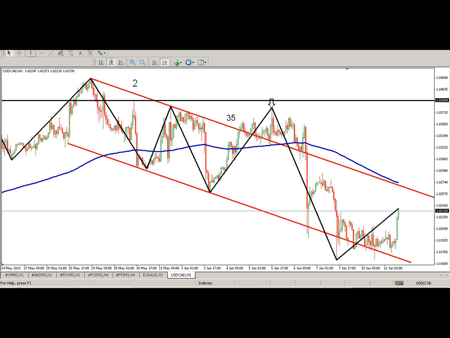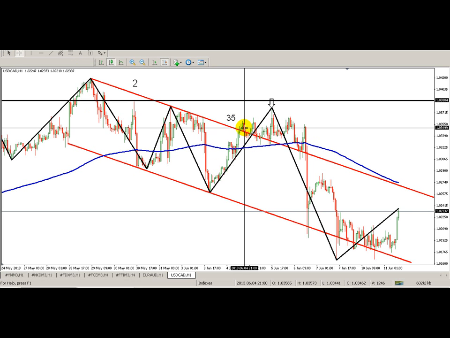Well, at this point here, when we pulled up to this channel, I had started to look for a trade, and I had assessed where would be my profit target. Well, the profit target was the bottom of the channel, which was about 140 points away, and my stop was placed above the secondary swing in this market, which is up here.